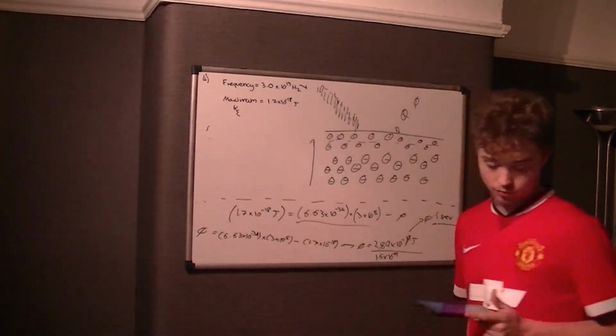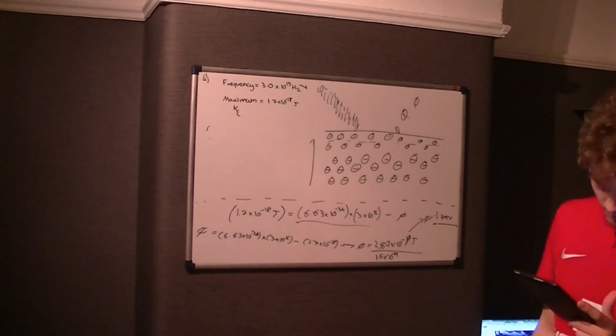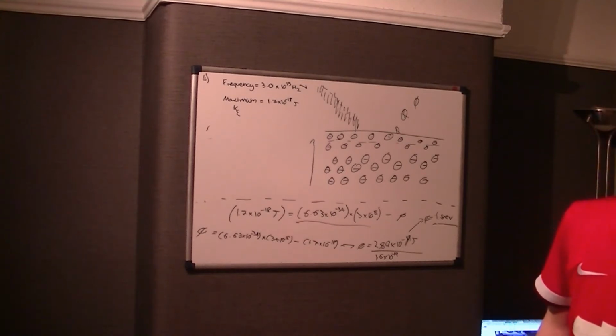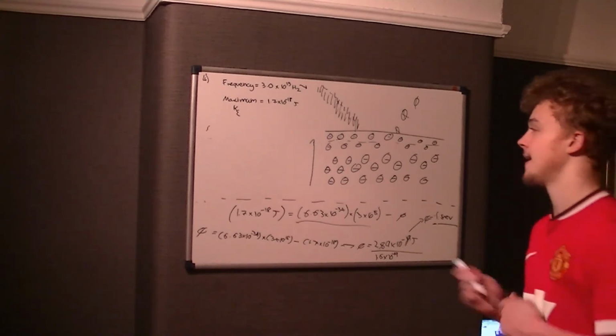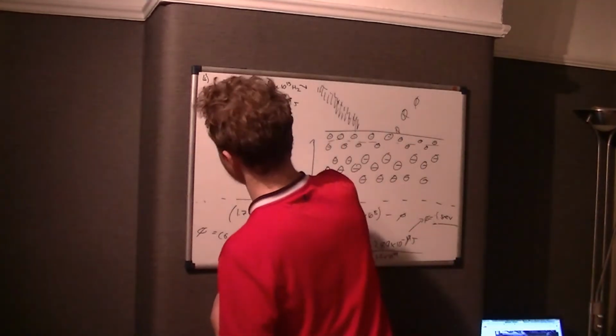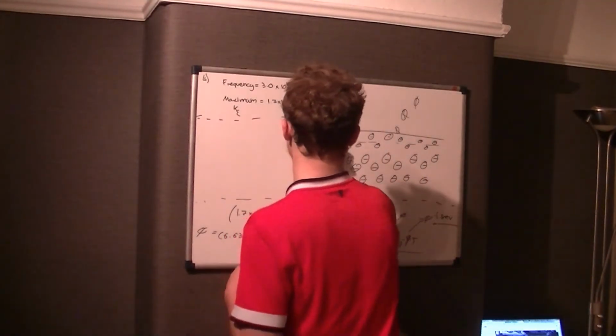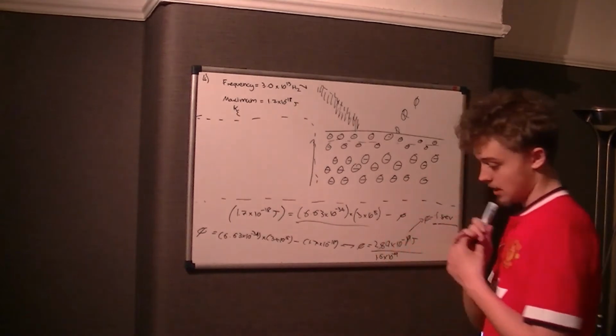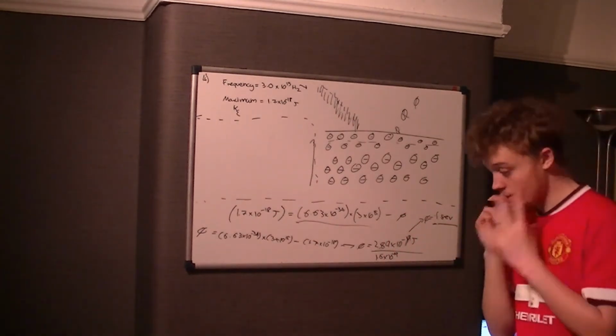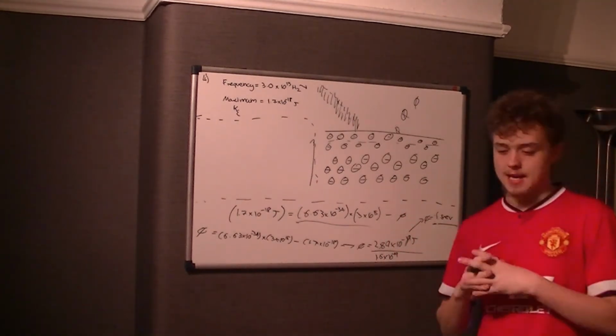Calculate the threshold frequency of the metal, given to an appropriate number of significant figures. Now, threshold frequency. This obviously all depends on your understanding of what threshold frequency is. Basically, a threshold frequency is the minimum frequency, just like the work function is the minimum energy required to emit an electron from the surface of a metal.